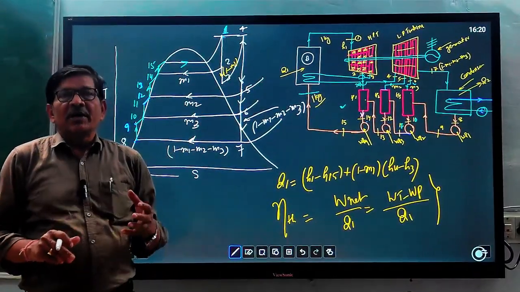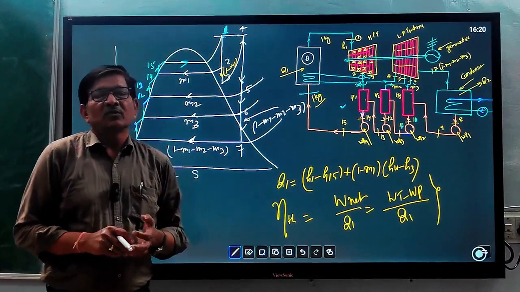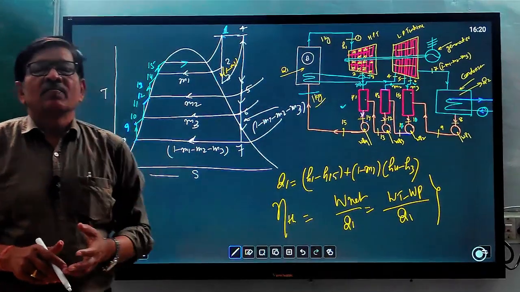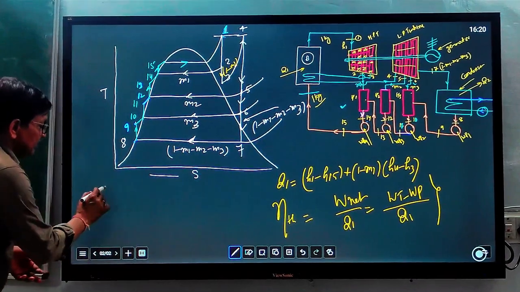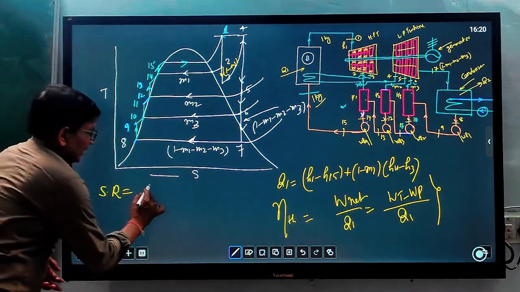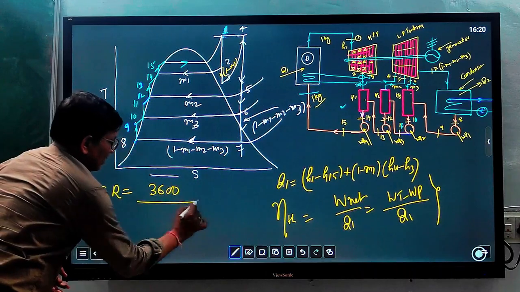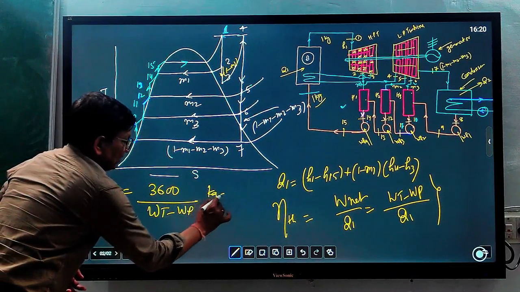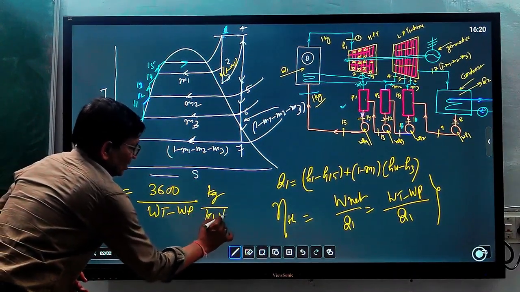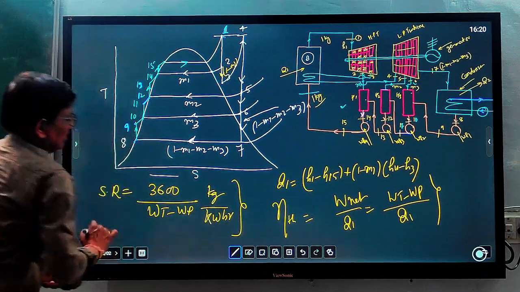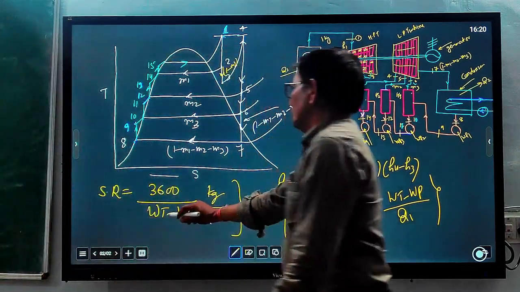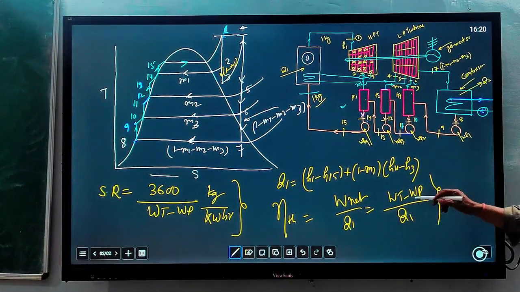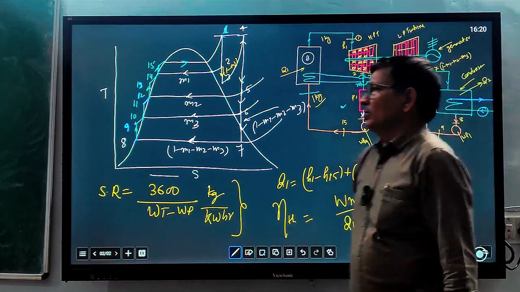It is the quantity of steam required in kg per hour to produce 1 kilowatt of W net. So steam rate is equal to 3600 upon WT minus WP kg per kilowatt hour. We have already calculated turbine work and pump work, so putting these values in this equation, you can find it.